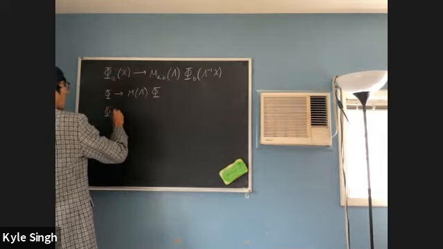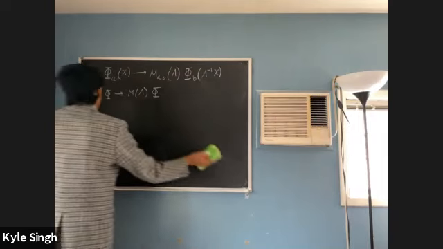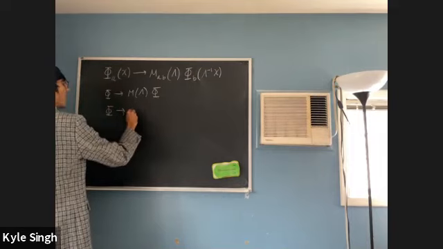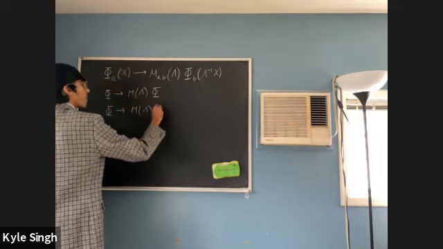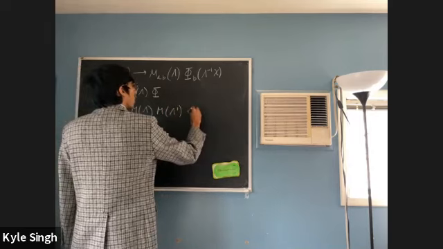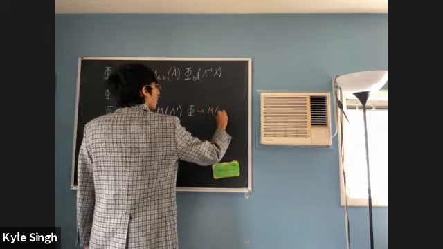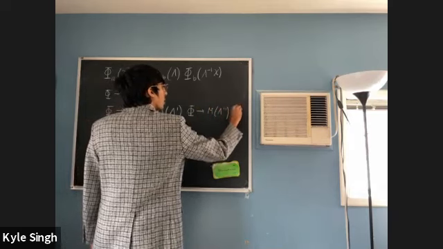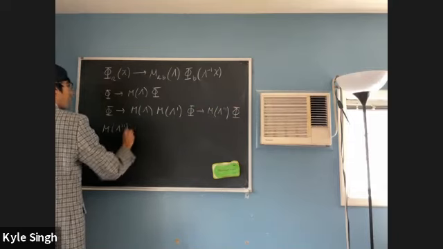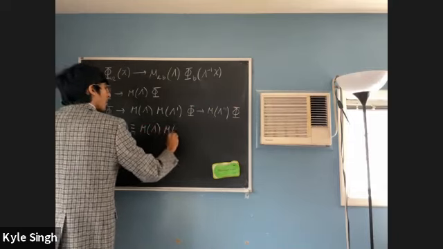Okay, so let's just write down one kind of transformation. So let's say we have phi going to M(lambda prime) phi, which I will just rewrite as M(lambda double prime) phi, where I define M(lambda double prime) as M(lambda) times M(lambda prime).